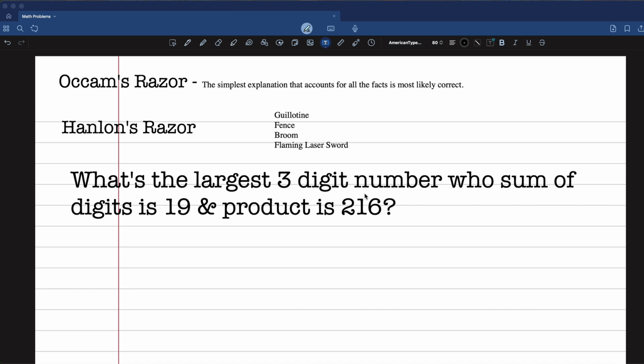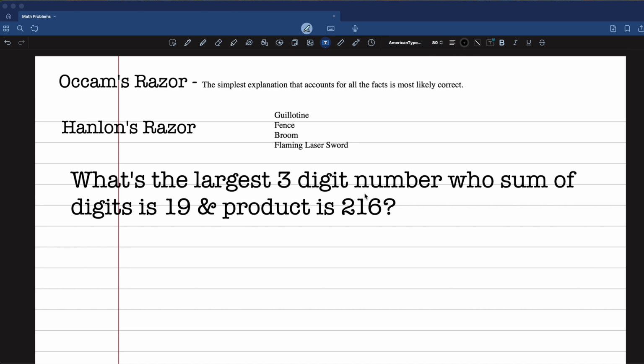And the reason why it's called a razor is because you chop off everything else that doesn't make sense to arrive at the correct one. In other words, it exemplifies this particular logical framework which says elimination of the unwanted would leave what is really wanted. Right? So that's the idea of calling it a razor.